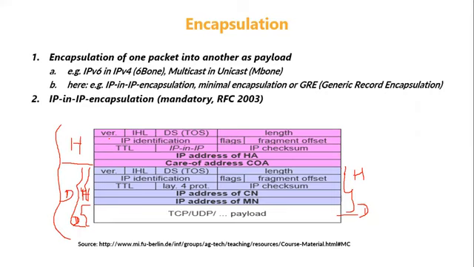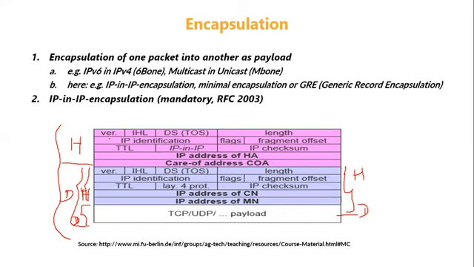No matter how many real hops the packet has to take in the tunnel, logically it is just one hop away for the MN. So this tunneling feature makes the mobile node feel as if everything is logically one hop away from it.